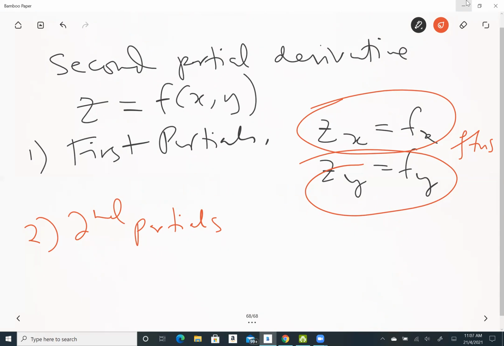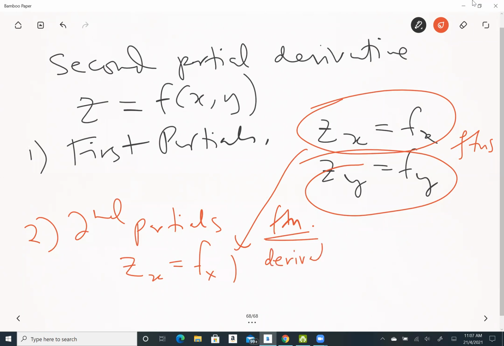So consider zx equal to fx. Now this is a function. If it is a function, then we can differentiate. Here we are talking about partial, so we use differentiate, the verb. Differentiate with respect to what?